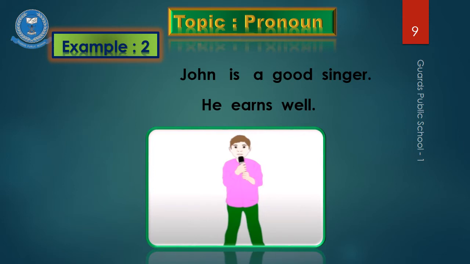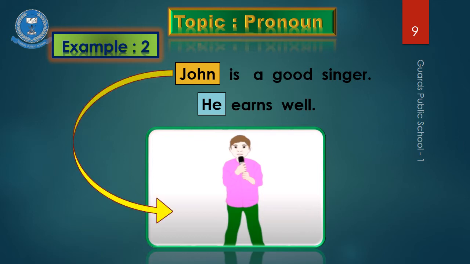Here the person we are talking about is John, and the word which is used for John is he. फर्स्ट सेंटेंस में हम बात कर रहे हैं जॉन की, और सेकंड सेंटेंस में भी हम बात कर रहे हैं जॉन की, लेकिन हमने वहाँ जॉन को रिपीट नहीं किया और हमने उसकी जगह क्या यूज़ किया? वर्ड he यूज़ किया. He earns well. So he means John. John earns well. मैं he earns well कहूँ या John earns well कहूँ, बात एक ही है. But बार बार repeat ना हो, that's why I have used he.